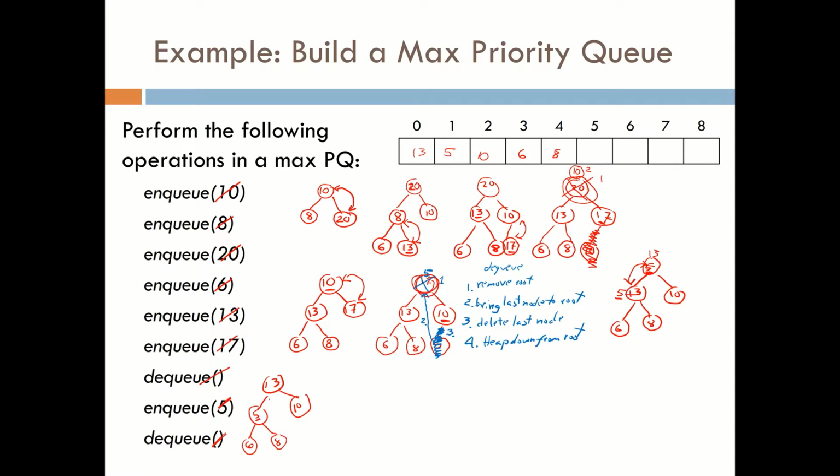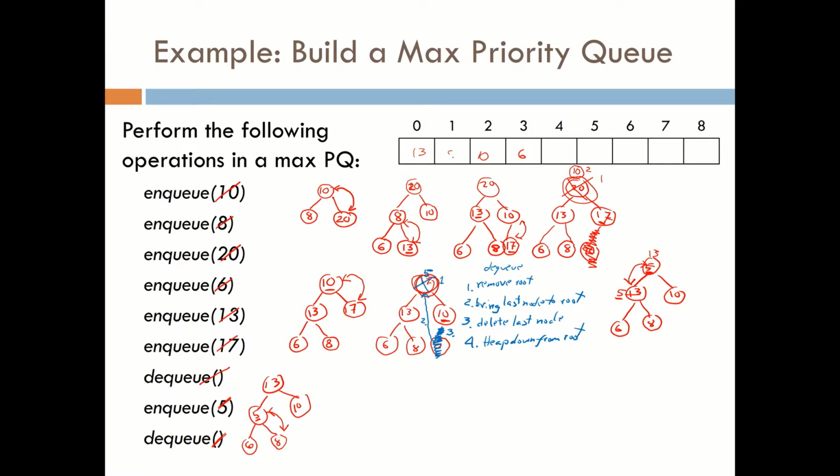To heap down, we ask if one of our children is greater than or equal to us for a max queue. Well, they both are, so we're going to take the higher child and swap. Okay, so then this swap takes place, the 5 and the 8. So let's do that in our array. The 5 and the 8.